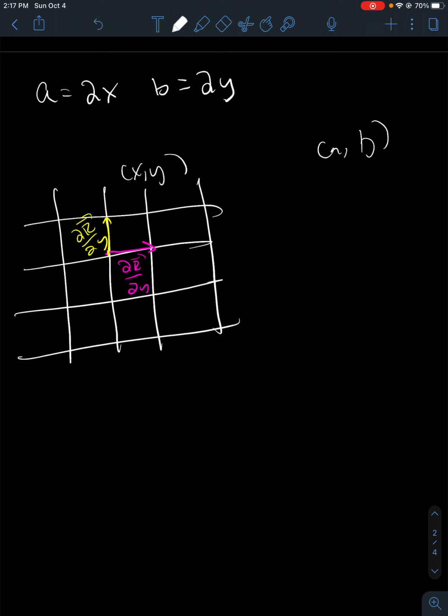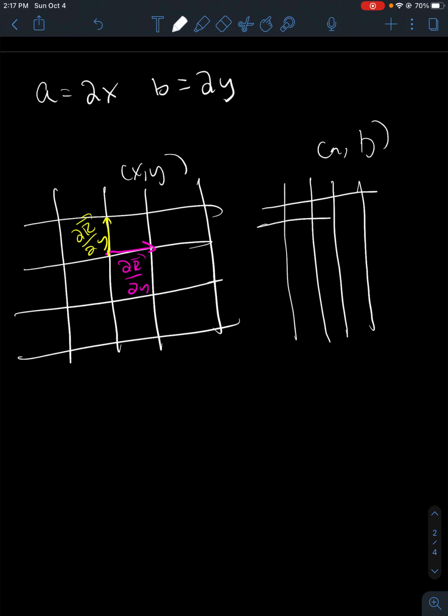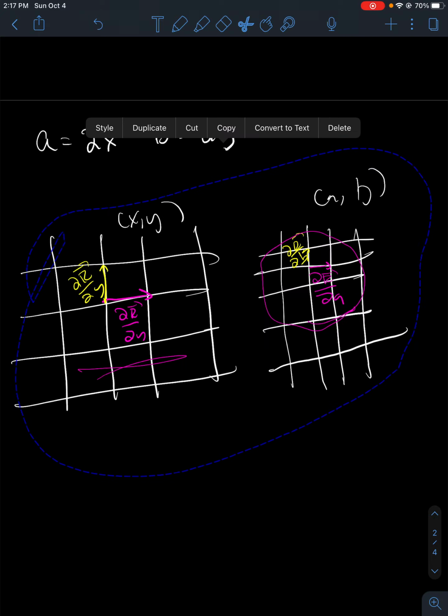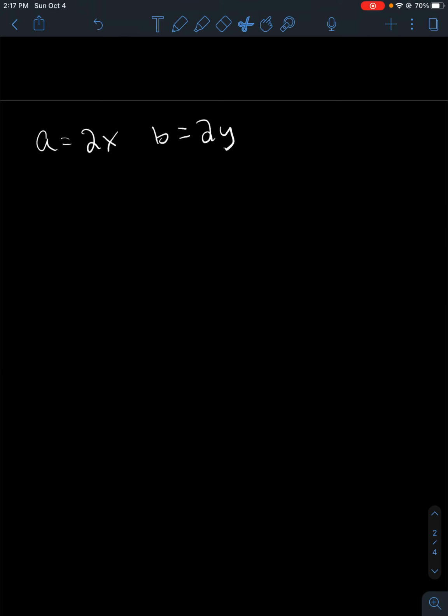In the AB system, this system will compress by a factor of 2. And here we have the AB system. If the system compresses by 2, what factor is the AB system multiplied by from the XY system? What factor is that? You probably already know what it is, but let's actually do that mathematically.